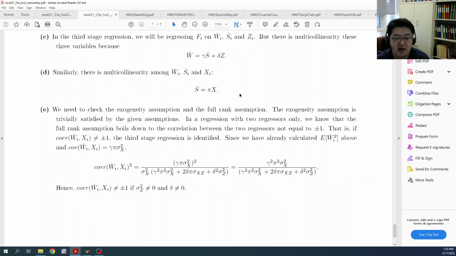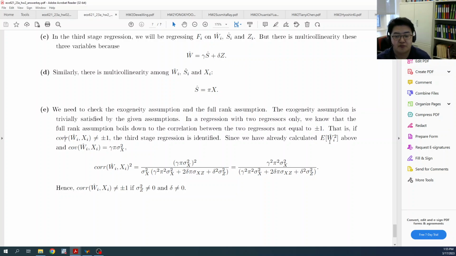To show that, I checked the exogeneity assumption and the full rank assumption. Exogeneity is not a big problem. I believe it's trivial. You can show that. But in the regression, the full rank assumption should be checked. And we know when there are only two regressors without intercept, then the full rank assumption is like this. The full rank assumption is a matter of correlation between these two guys.